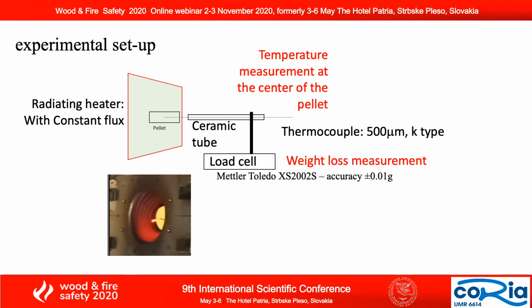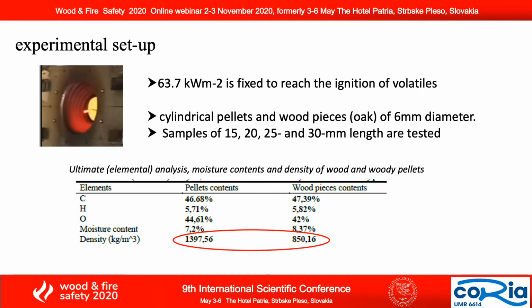The pellet and the thermocouple are put on a load cell, which makes it possible to follow the weight loss during the decomposition. And the temperature measurements are performed with the thermocouple located at the center. We can see that the main difference between the wood pellet and the oak piece is mainly the density, which is lower for the oak piece.